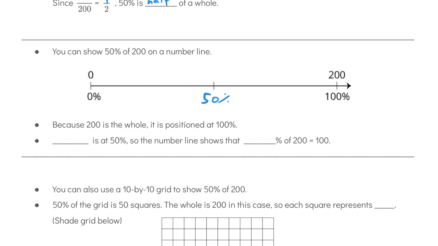And then between 200 and 0 would be exactly half, which would be 100 right there. Because 200 is the whole, it is positioned at 100%. So these two are linked like this. Same thing with this. At half, we have 100. So 100, we'll write down, is at 50%. So the number line shows that 50% of 200 is 100.